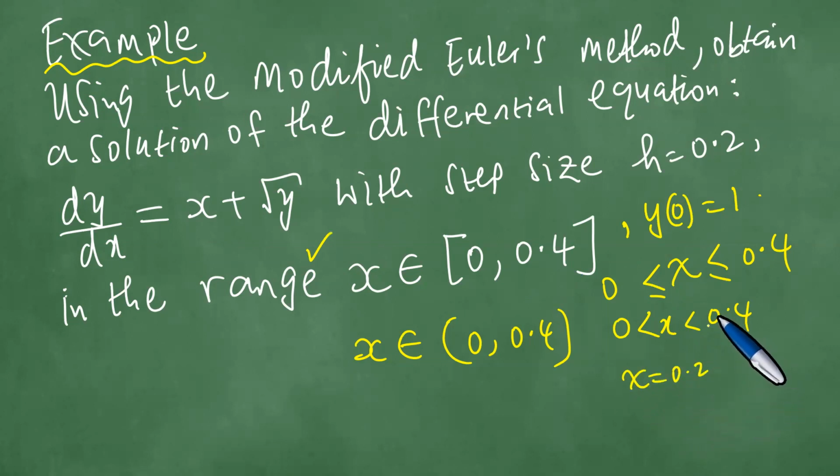Sorry, x is strictly smaller than 0.4, so it can't be 0.4. So you'd have to do only 0.2, and that'll be the end. Obviously, this one is going to go up to 0.4 because x can be equal to 0.4, but with the round parenthesis, you take things between, so 0.2. Okay. All right. Now let's continue.